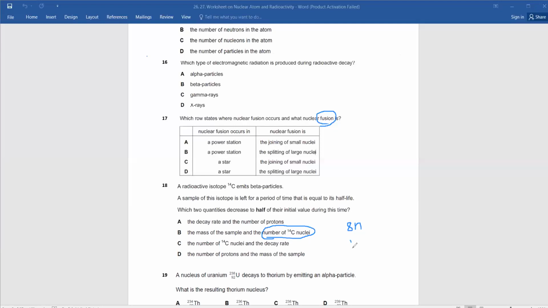A neutron will break down into a proton plus an electron, right? So we are having one more proton, and that's making carbon into nitrogen. Is it clear now? This way the number of carbon 14 nuclei is decreasing by beta decay. Now next one, 19, Adnan, continue.